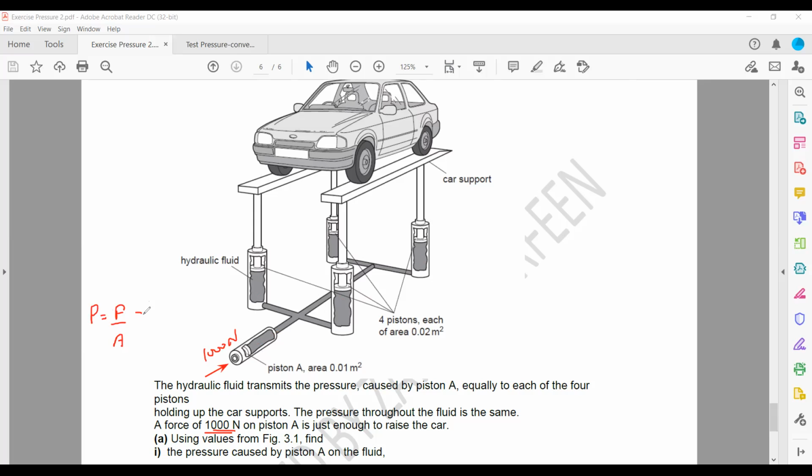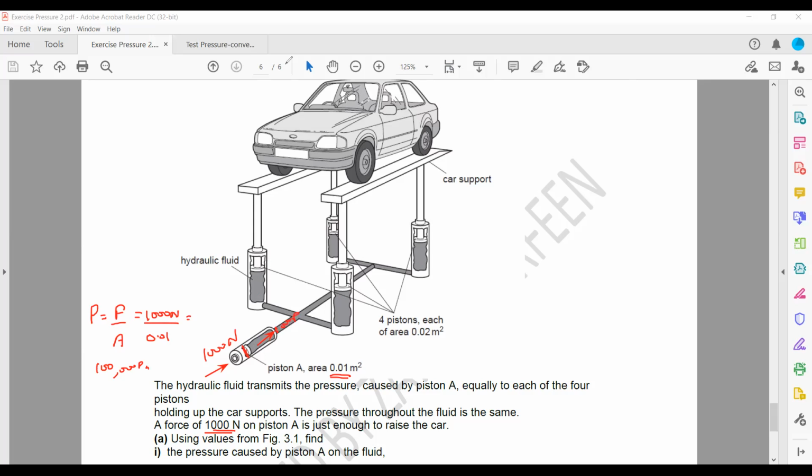Our force is 1000, and the area of this piston is shown as 0.01. So 1000 divided by 0.01. What will be the answer? It will be 100,000 Pascal. It means the pressure we are applying on this is 100,000 Pascal.